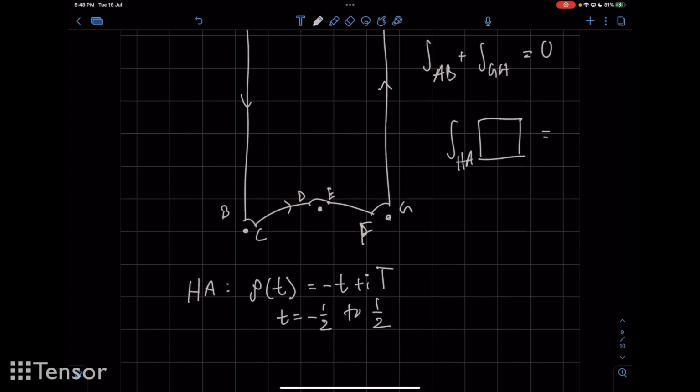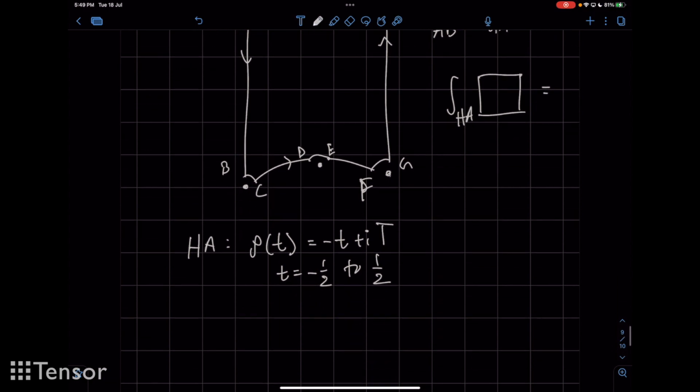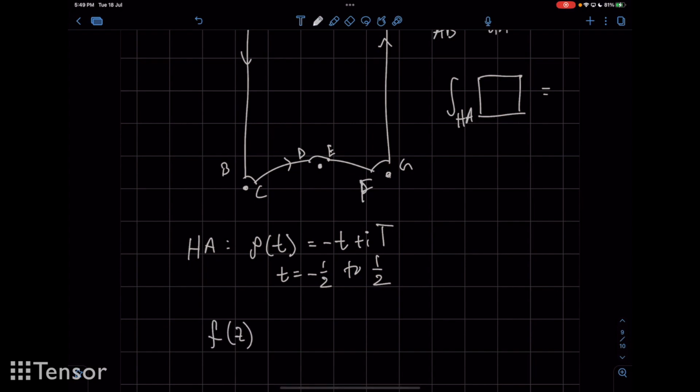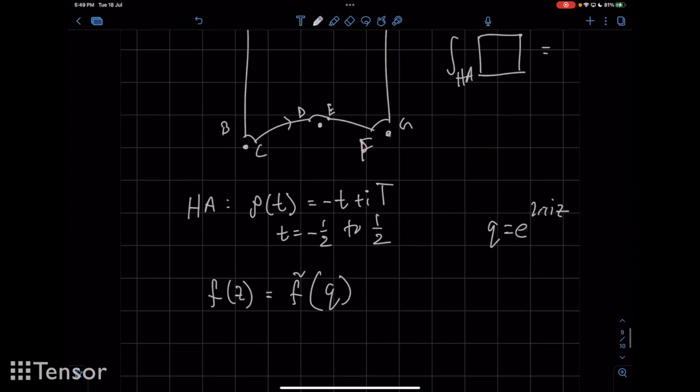Now let's have a look at the q expansion. So we define f of z as f tilde of q, right? And let's not forget that q is e to the 2 pi i z. Then what is f prime of z? f prime of z is nothing but f tilde prime of q dq dz, right?